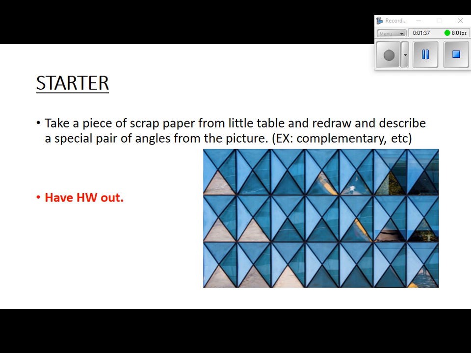Somebody go up and trace two other angles.